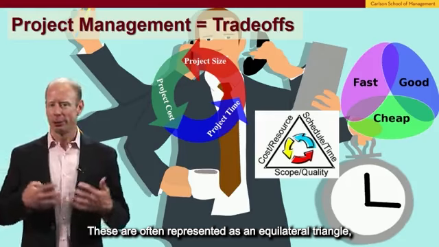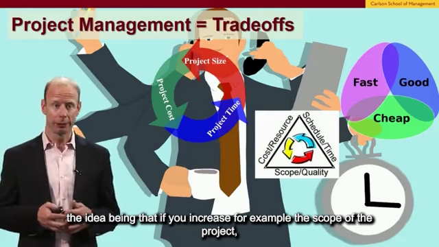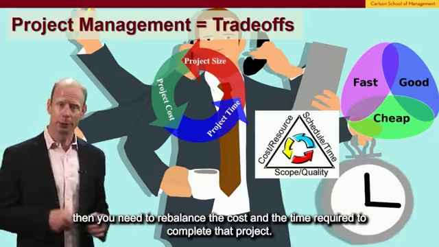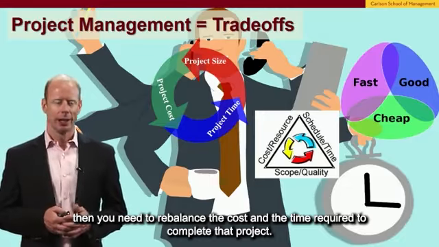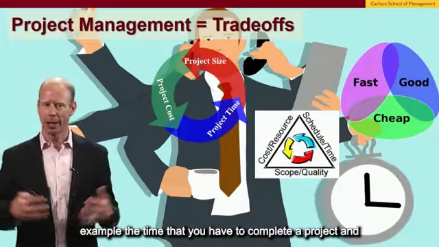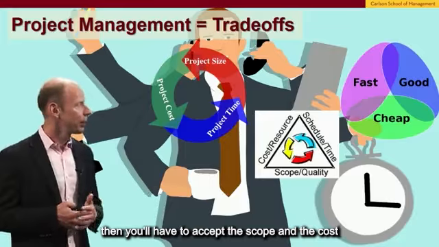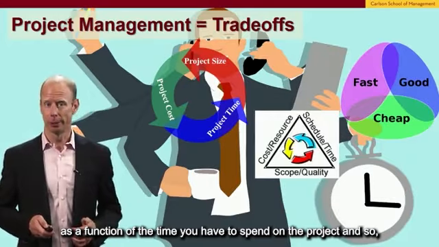These are often represented as an equilateral triangle, the idea being that if you increase, for example, the scope of the project, then you need to rebalance the cost and the time required to complete that project. Another way that this is useful is you can constrain, for example, the time that you have to complete a project, and then you'll have to accept the scope and the cost as a function of the time you have to spend on the project.